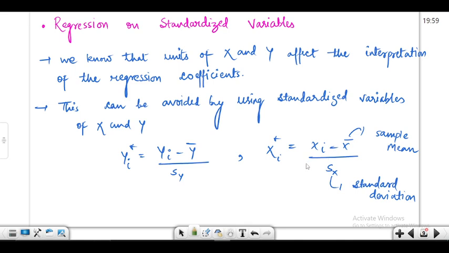In the previous video we had seen that the units of x and y, or the scale of x and y, affect the interpretation of the regression coefficients.